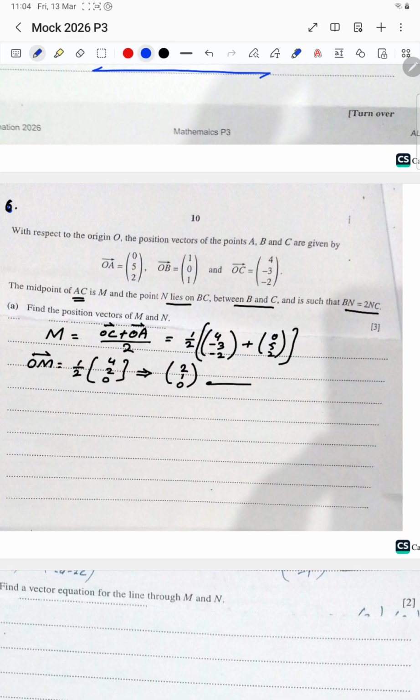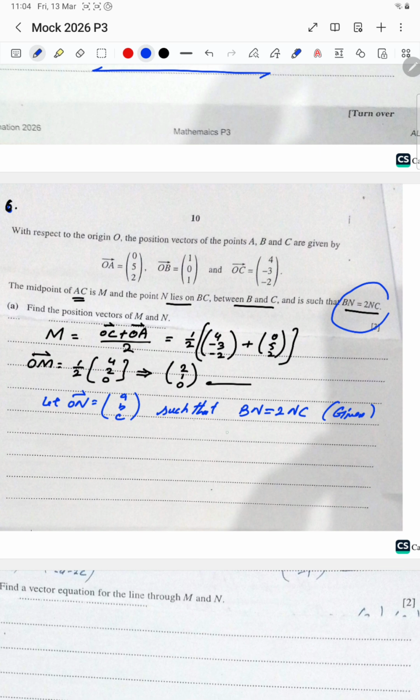Now for N. N lies on BC, between B and C. Let us suppose ON is the column vector (a, b, c), such that we are given BN is equal to 2NC. This is given here.